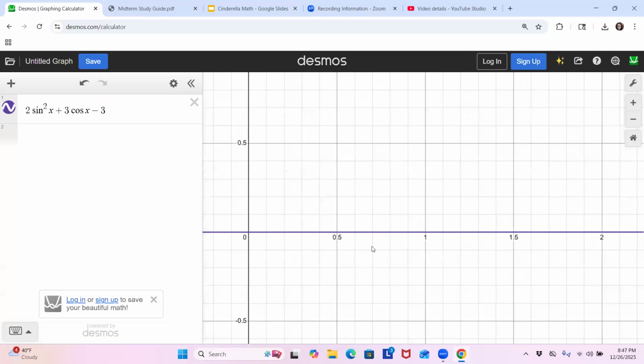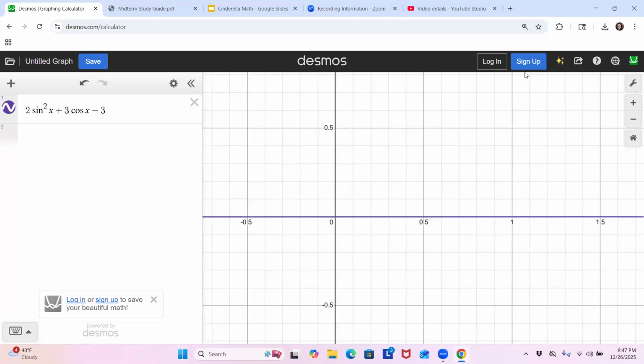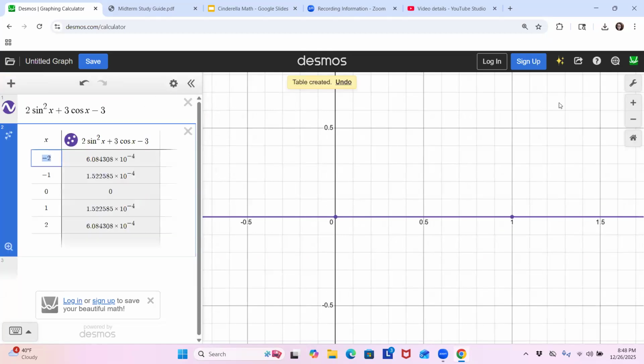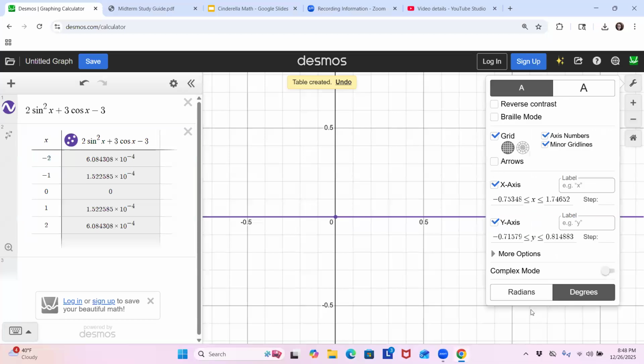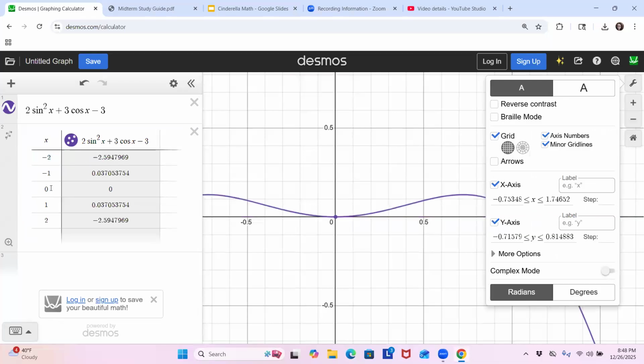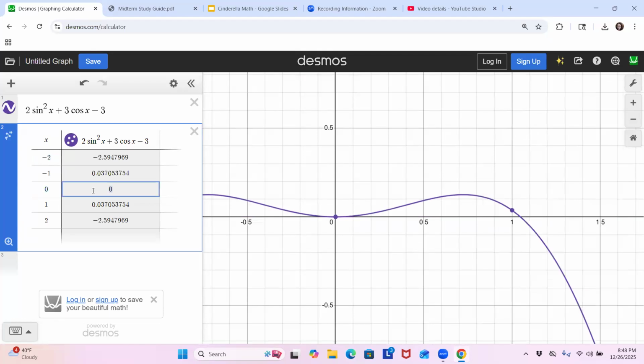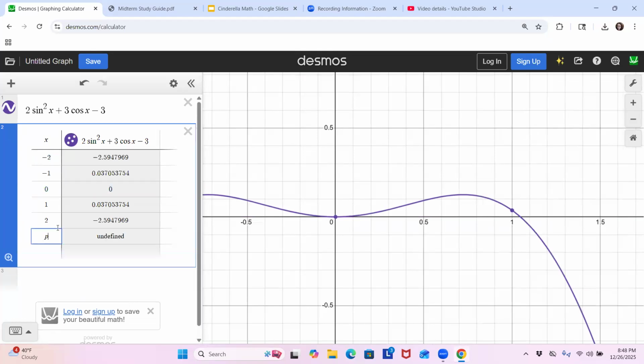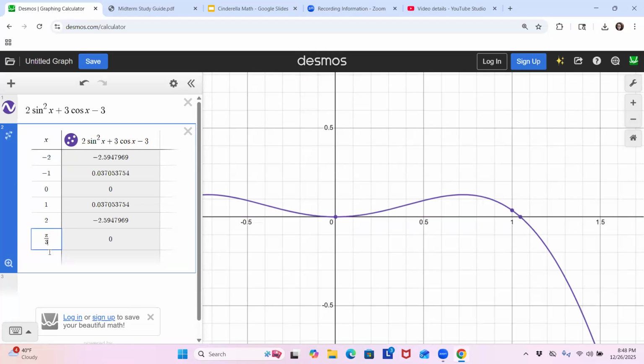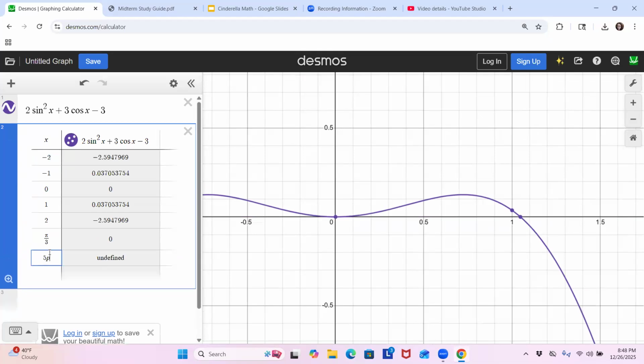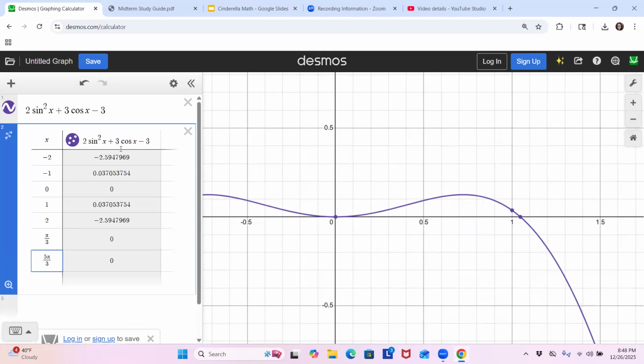Huh, that does absolutely nothing. If I crank a chart, okay. And then I'm going to hit the wrench and switch it over to radians. Well, look, when it's 0, we got 0. So that was good. That's what we wanted. And then let's try pi over 3. We should get 0. Yes, indeed, that's good. And 5 pi over 3. Yes, okay, yeah, we're fine. Yep, that looks good. Okay.